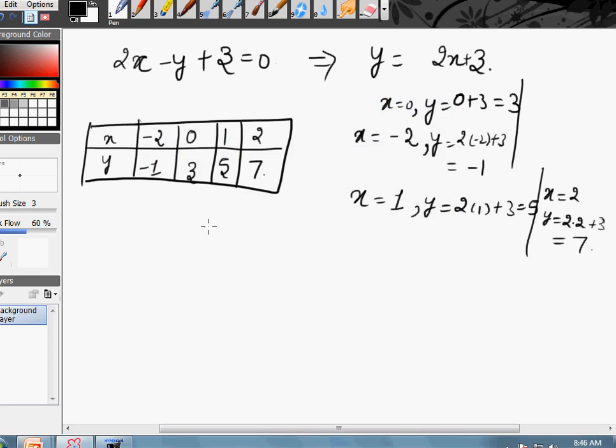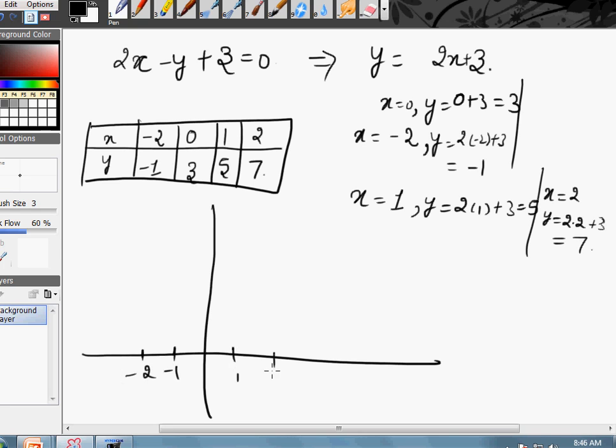Thus, if we plot the graph of this equation, we will have at x equal to minus 2, y equals minus 1. At x equal to 0, y equals 3. At x equal to 1, y equals 5. And at x equal to 2, y equals 7.